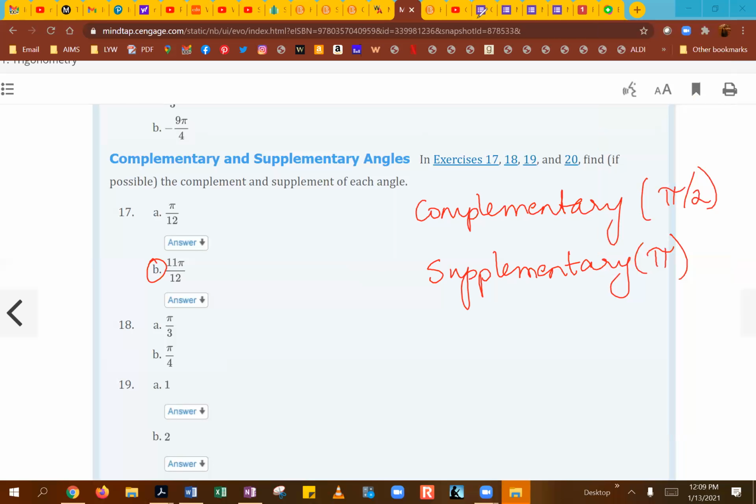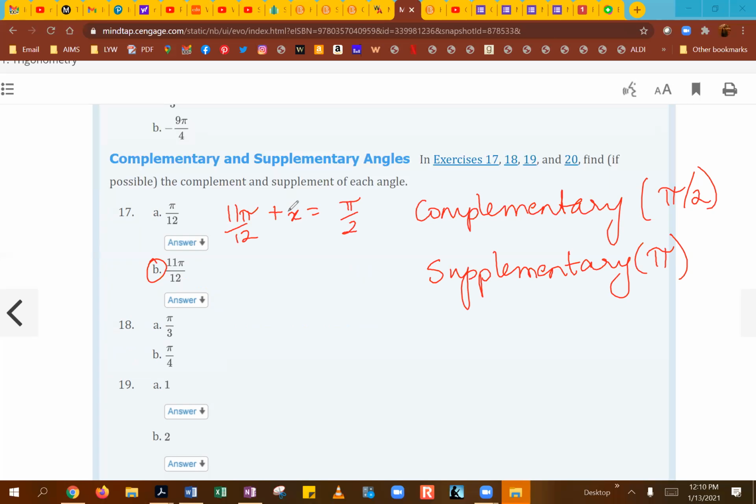So we know for a complementary, our two angles have to add up to pi over 2. So if one of the angles is 11 pi over 12, the idea is you're finding what the second angle is going to be. So what do you think this will come out to be? Or is it even possible to do this calculation?